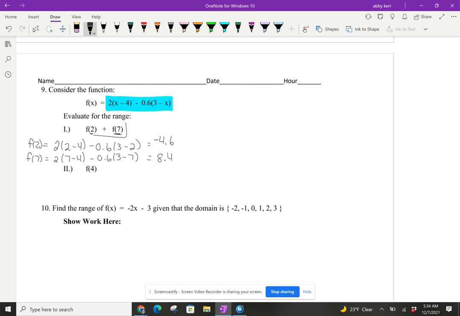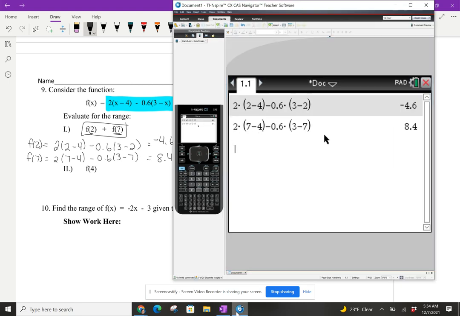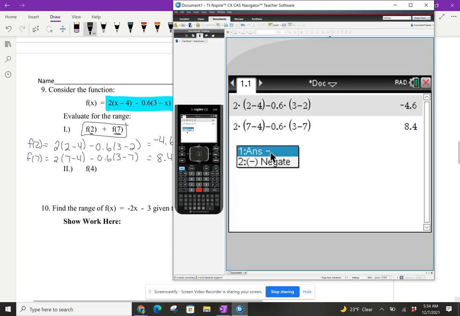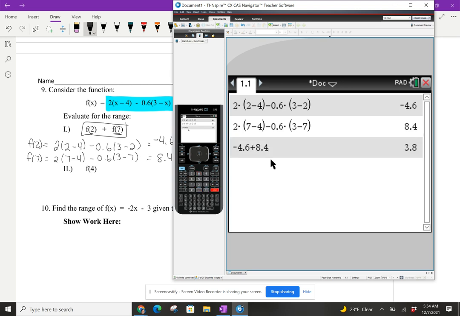Now remember the instructions say to add those two, and I do need to see this work. So I'm going to go back to the calculator. Choose negative if that pops up, because it's a negative 4.6 plus 8.4.